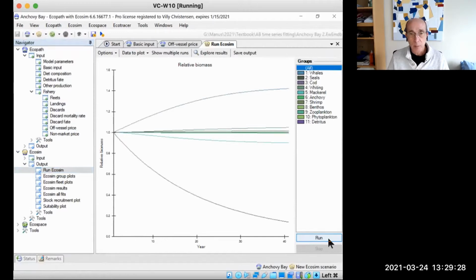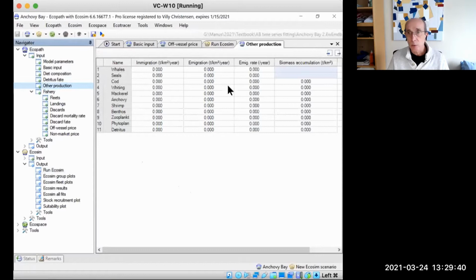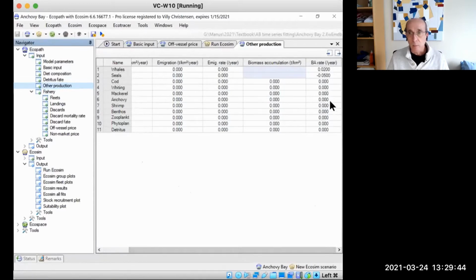So we have basically the default model outline here, because of biomass accumulation. If I go to input, we can see that for whales there is positive biomass accumulation, and for seals there is a negative biomass accumulation.